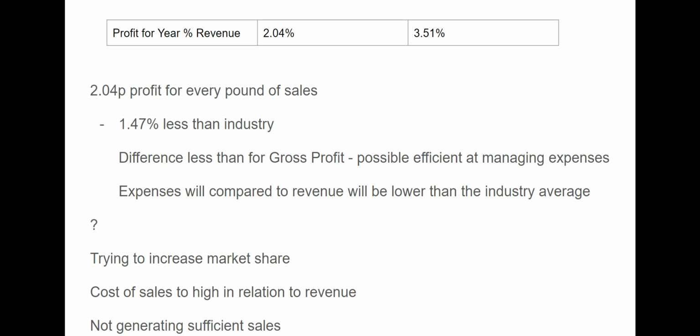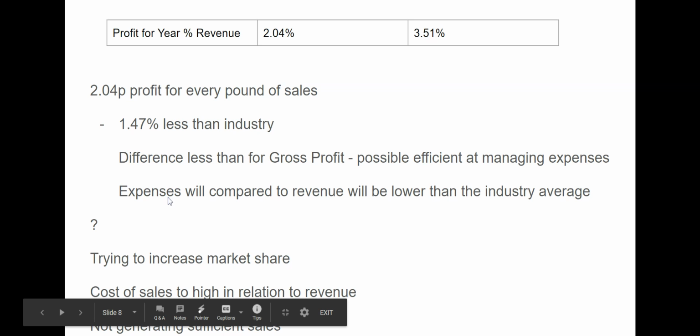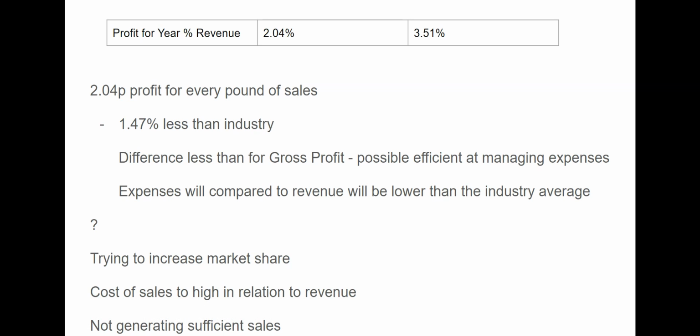Or it could mean that the cost of sales or the expenses are high in relation to the revenue. Although, as I've already said here, we can rule out certainly the expenses as a percentage of revenue being particularly high because of that large difference between the gross profit margin and the differences between the actual profit margins.